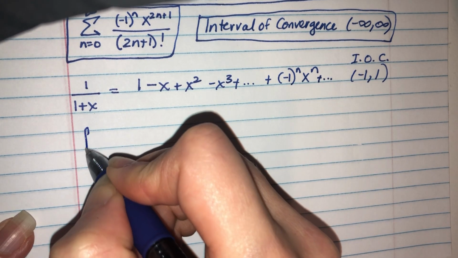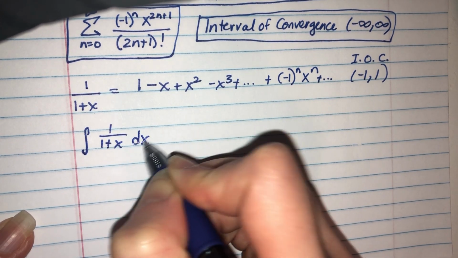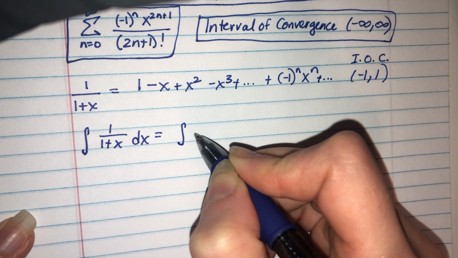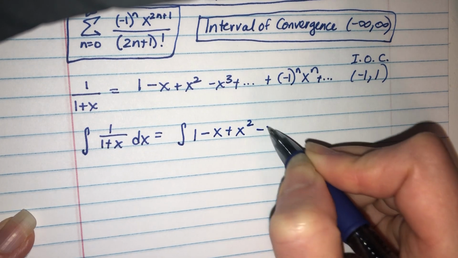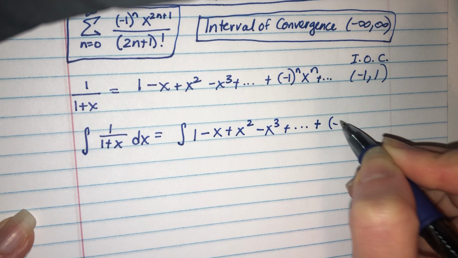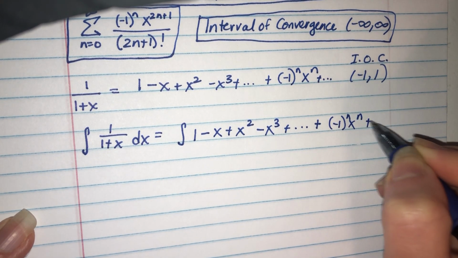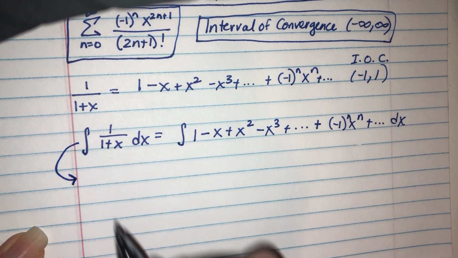Also, the integral of 1 over 1 plus x dx is going to be the integral of 1 minus x plus x squared minus x cubed plus dot dot dot plus negative 1 to the n x to the n plus dot dot dot dx. So what is that going to give us?